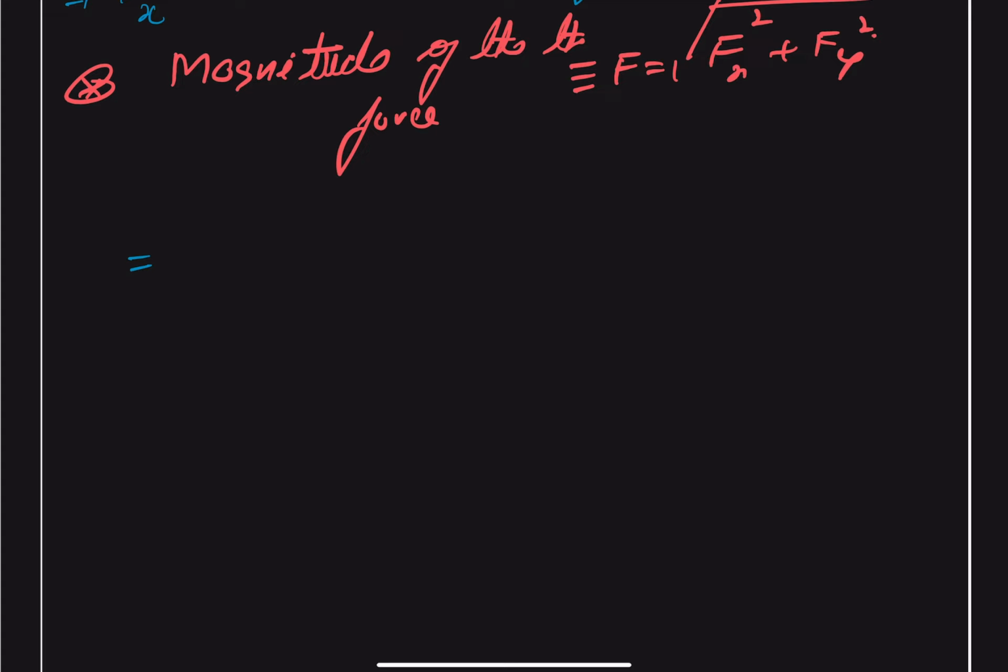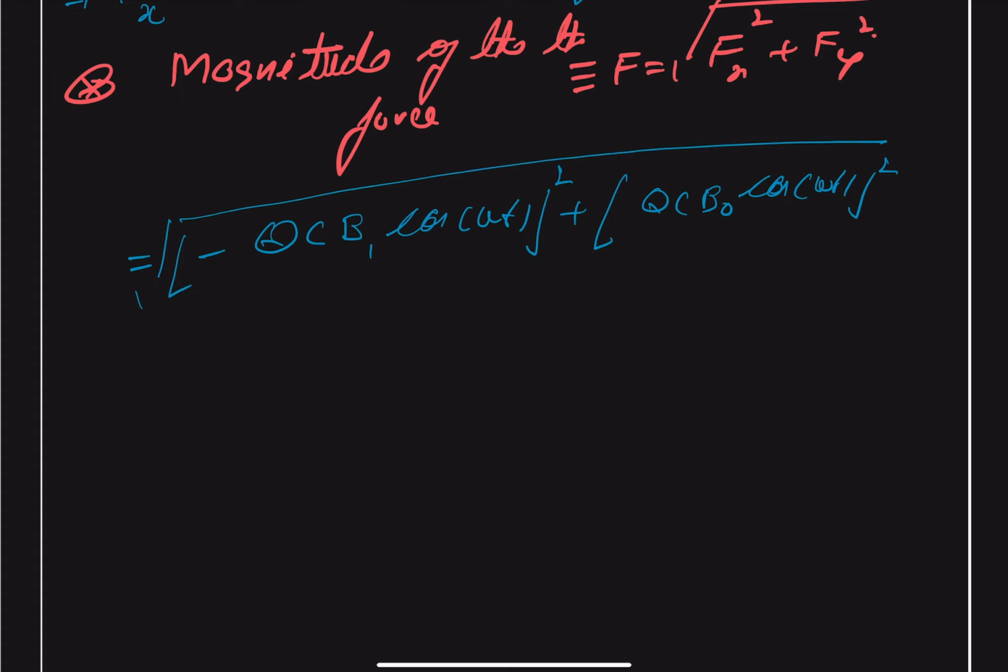We get minus q c B1 cos of omega t whole square plus q c B naught cos of omega t whole square, and its square root.